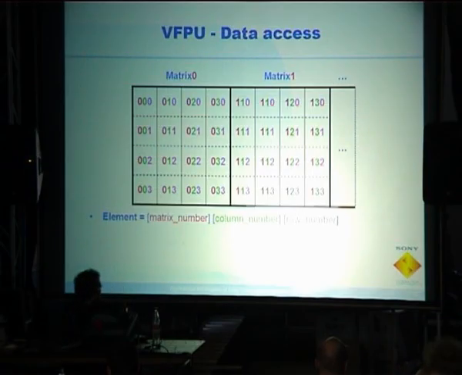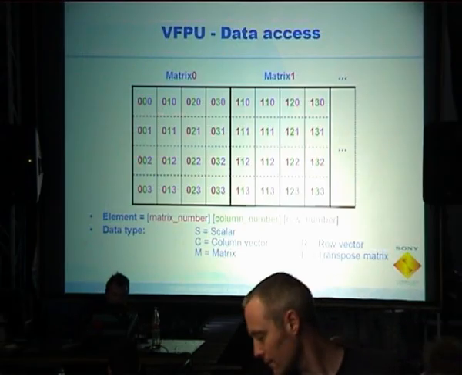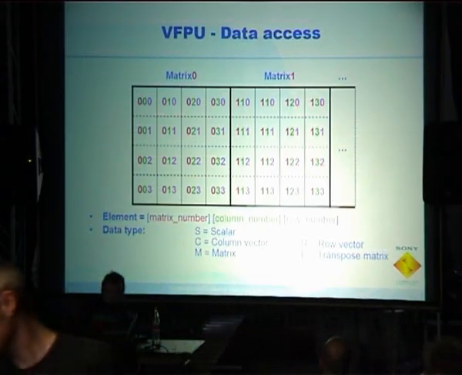They are accessed as matrix number, column number, row number. Data types are scalars, column vectors, row vectors, matrices, or transpose matrices. So you don't have to care about playing around with your matrices. It's done in hardware.